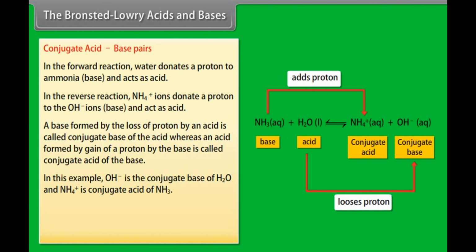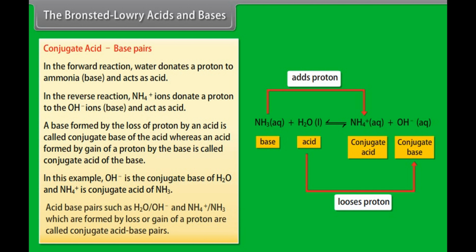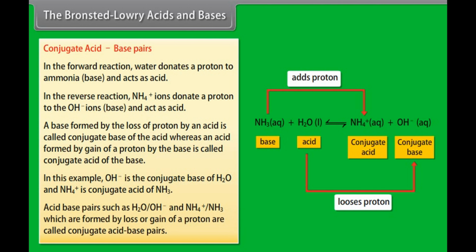In this example, OH- is the conjugate base of H2O and NH4+ is the conjugate acid of NH3. Acid-base pairs such as H2O, OH- and NH4+, NH3, which are formed by loss or gain of a proton, are called conjugate acid-base pairs.